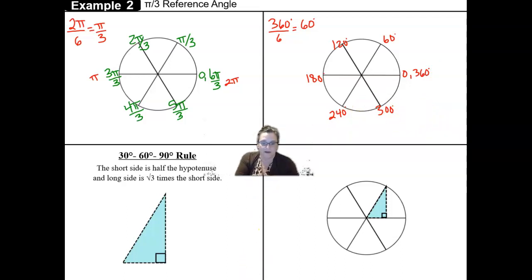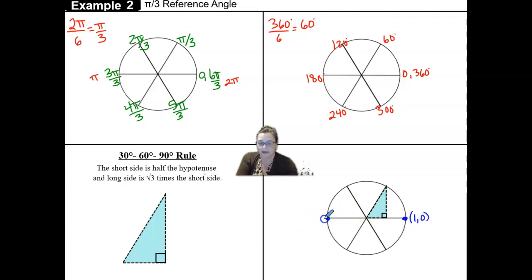Now, if I want to find the coordinates of these angles going around in the counterclockwise direction, at 0 radians, because the radius is 1, that's my point (1, 0).